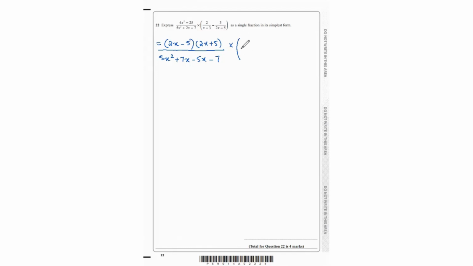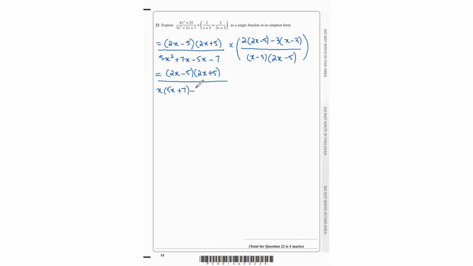Now over here, we combine the denominators. So (x - 3)(2x - 5). And the numerator, we have 2 times (2x - 5) with minus 3 times (x - 3). So (2x - 5)(2x + 5) over, in the first two terms we have x common, so x(5x + 7).